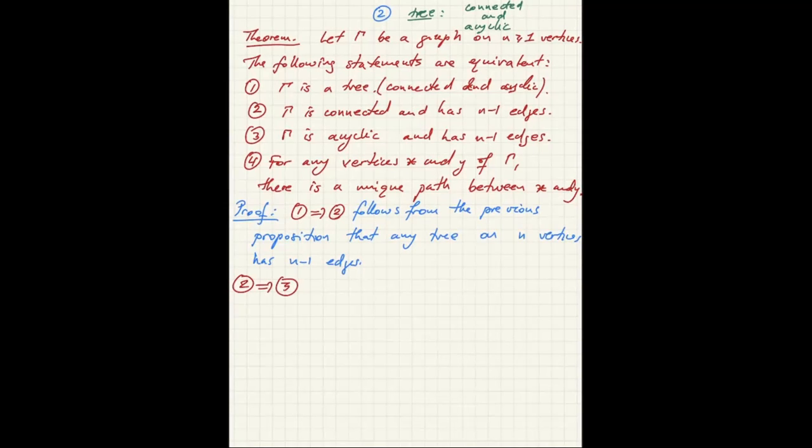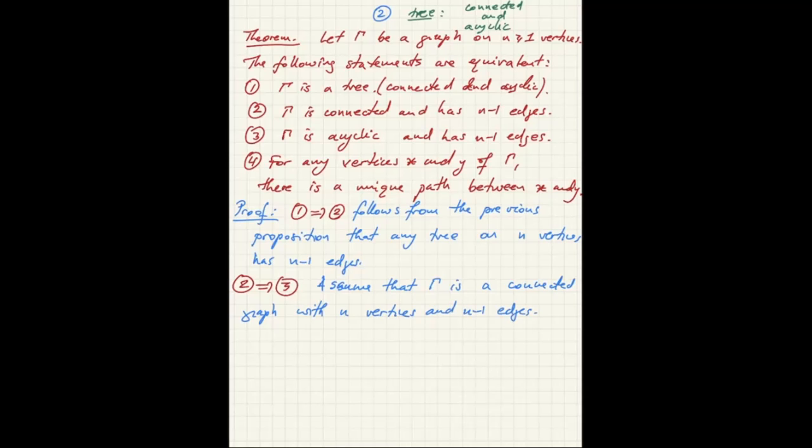What do we have to assume? So we assume that gamma is a connected graph with n vertices and n-1 edges.